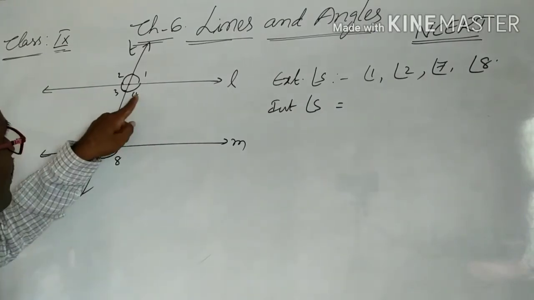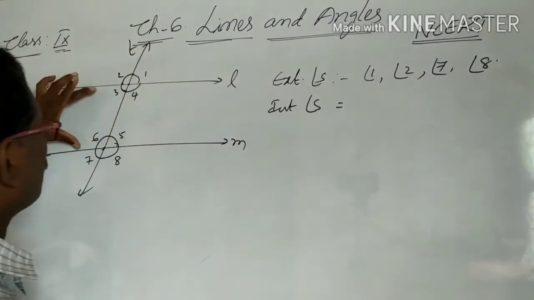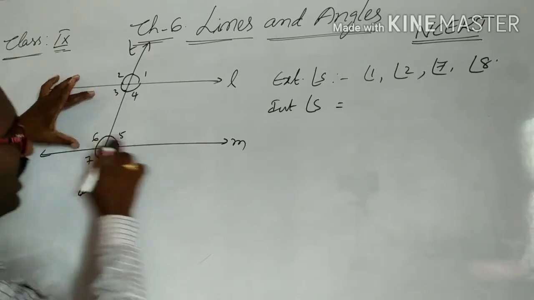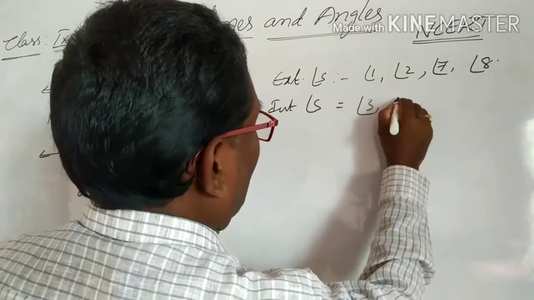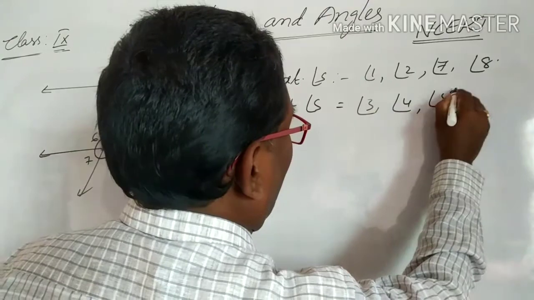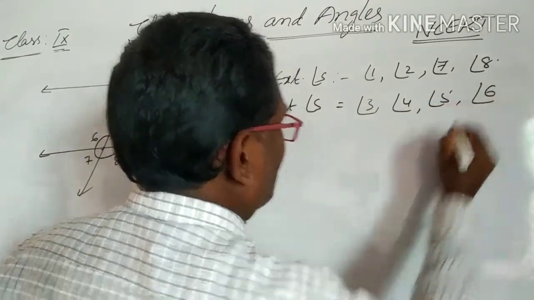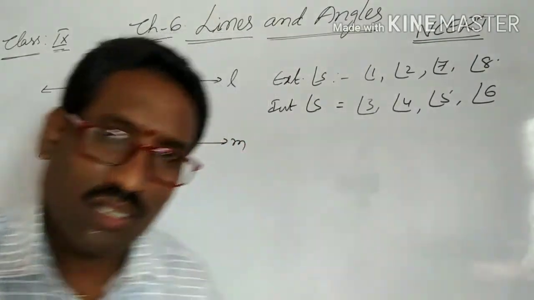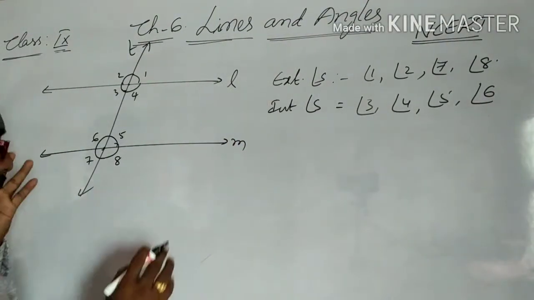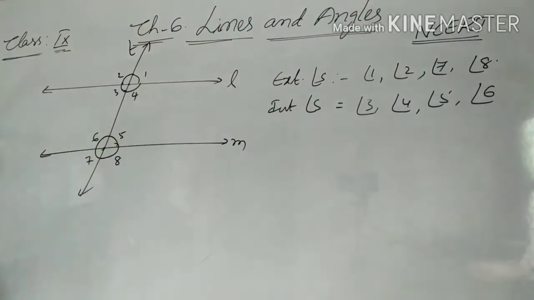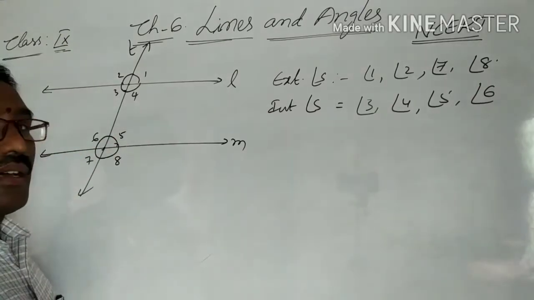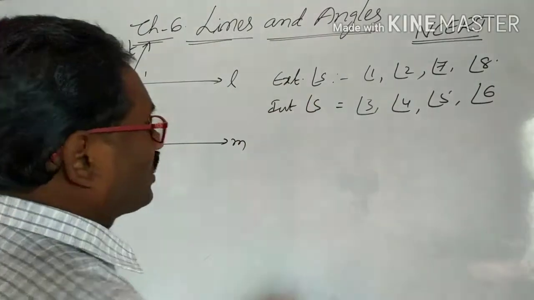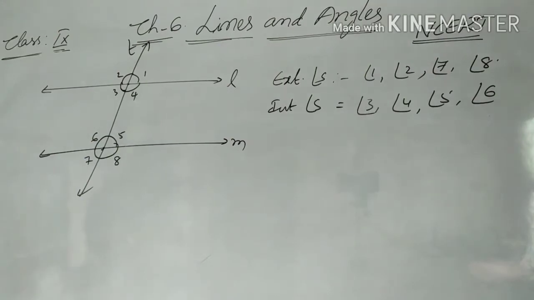Between the two lines, they are angle 3, angle 4, angle 5, and angle 6. These are the interior angles. Are you okay?